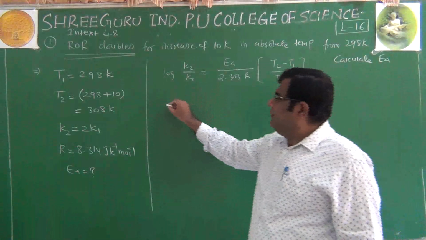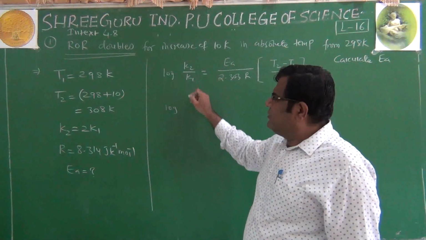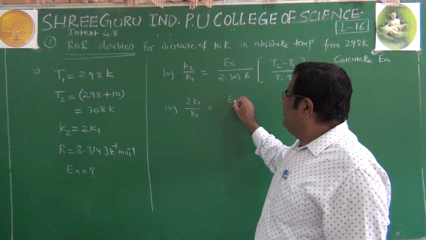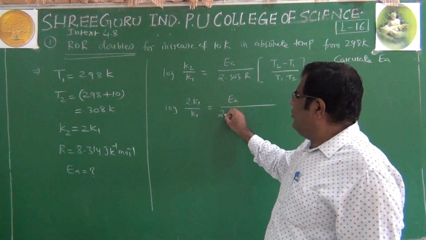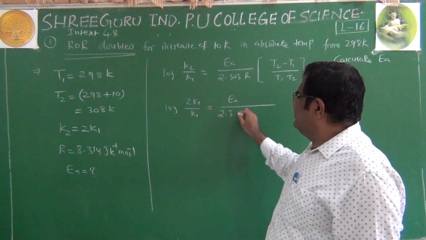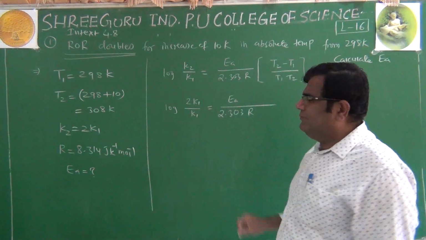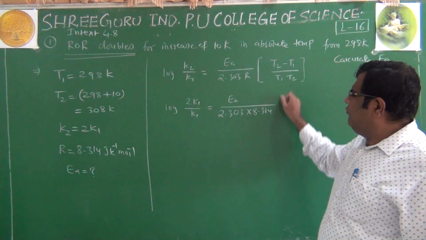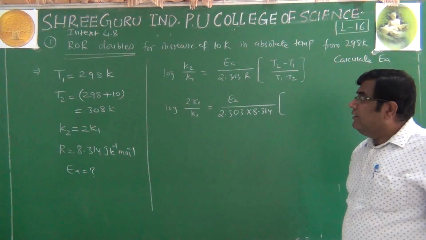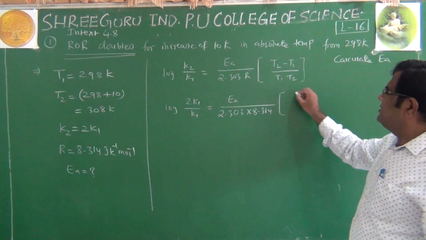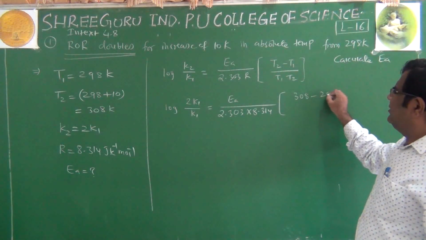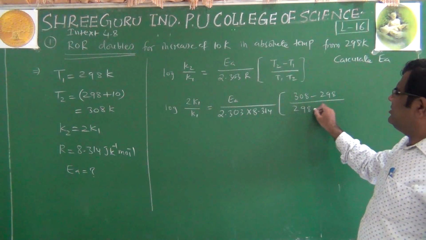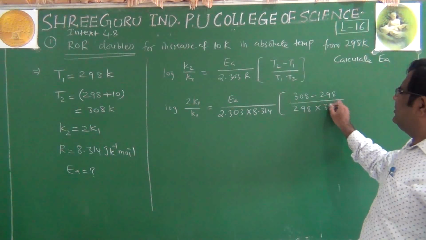Now we can substitute here. K2 is 2K1, so log 2K1 by K1 equals EA by 2.303. Then this R value we can substitute now, 8.314. T2 is 308, T1 is 298, divided by 298 multiplied by 308.